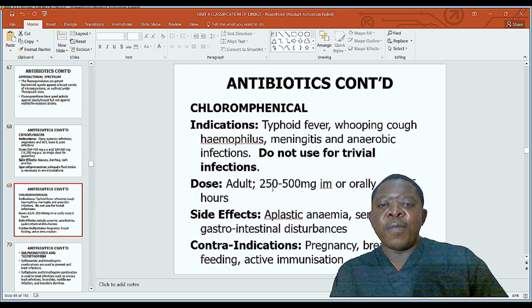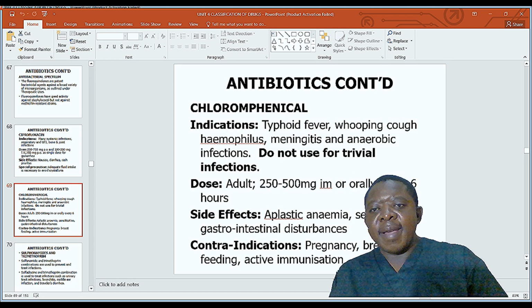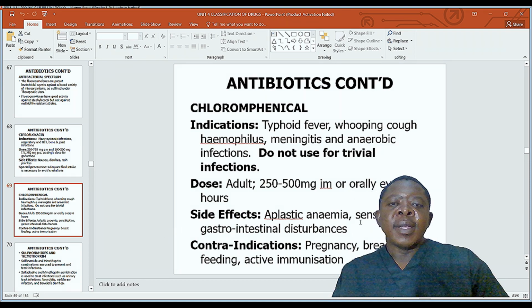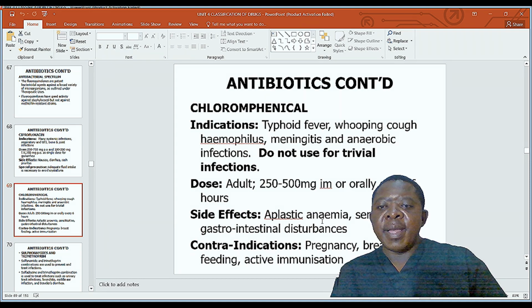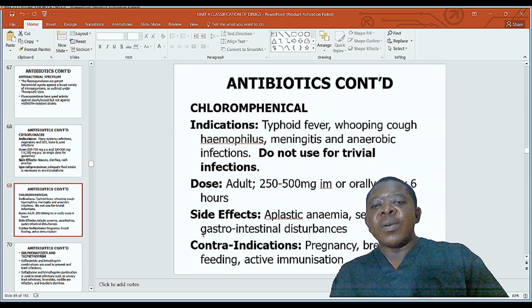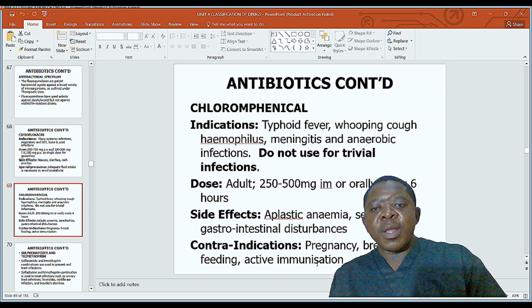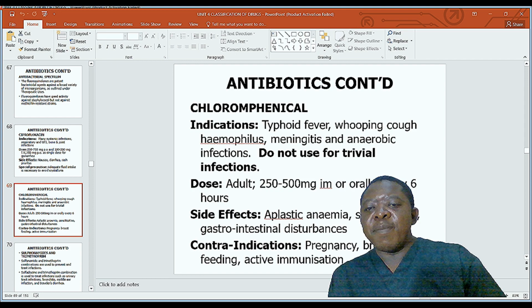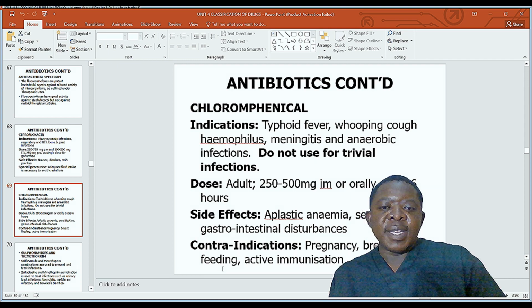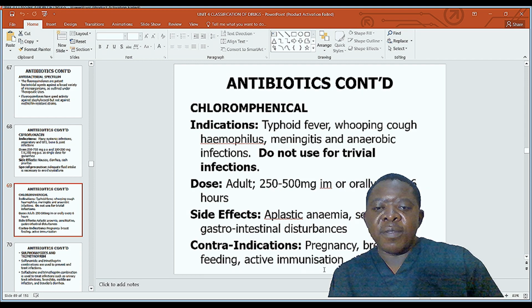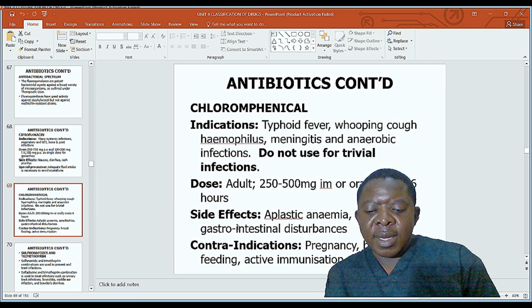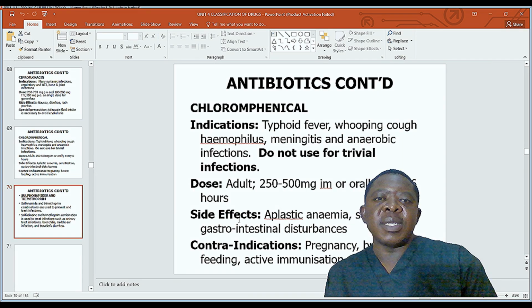For adults, 250 to 500 milligrams IM or orally every 6 hours can be given. Side effects include aplastic anemia, as it has bone marrow suppression activity, sensitization, and gastrointestinal disturbances. Contraindications for chloramphenicol include pregnancy, to avoid gray baby syndrome, breastfeeding mothers, and active immunization. So here you need to note that there is a contraindication.